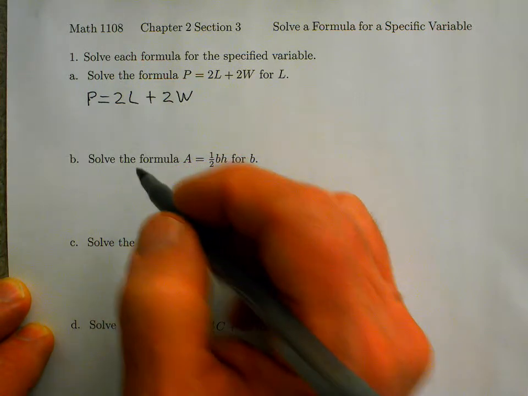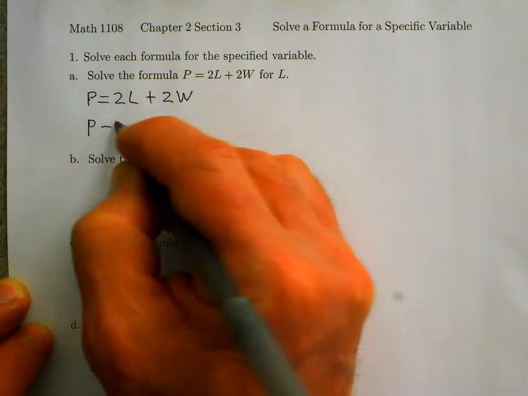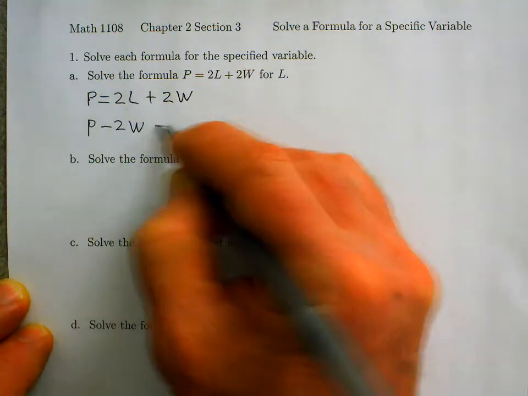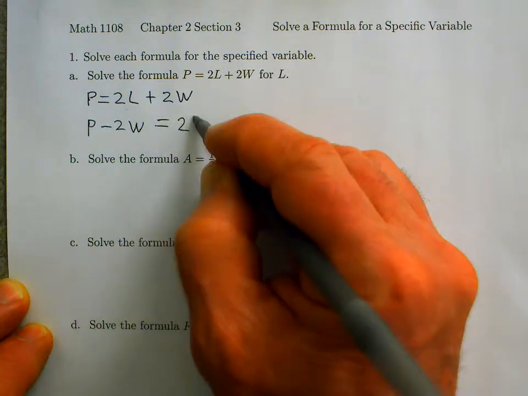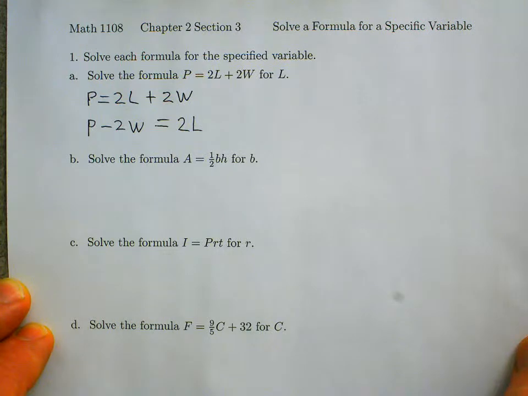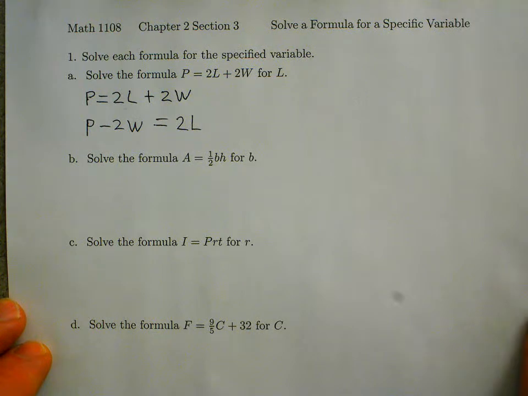So when I subtract 2W from both sides, we'll get P minus 2W on the left-hand side, and on the right-hand side, we'll just be left with 2L. The next step, divide both sides by 2.